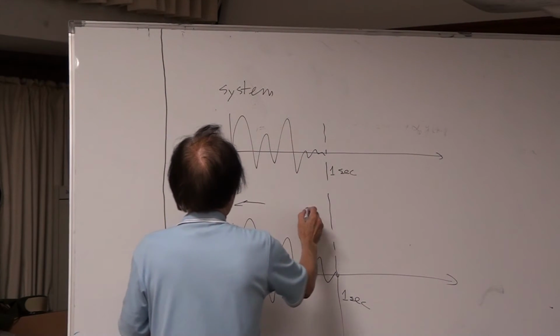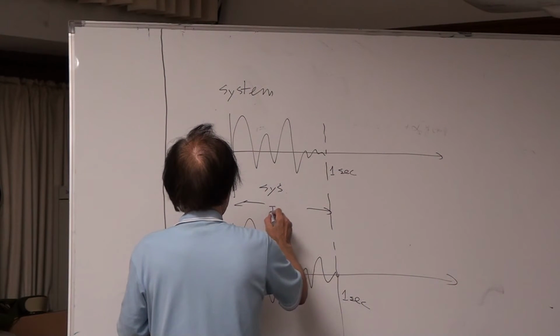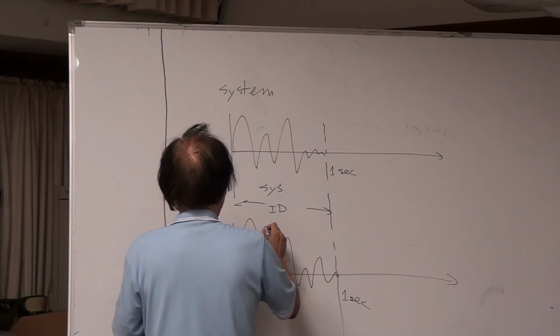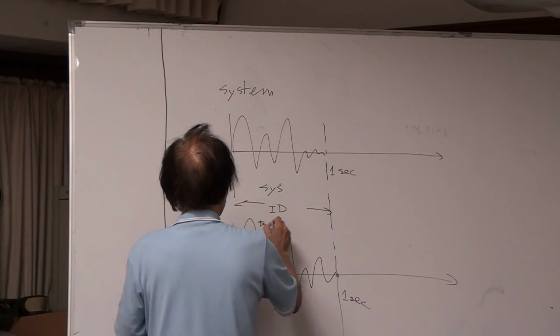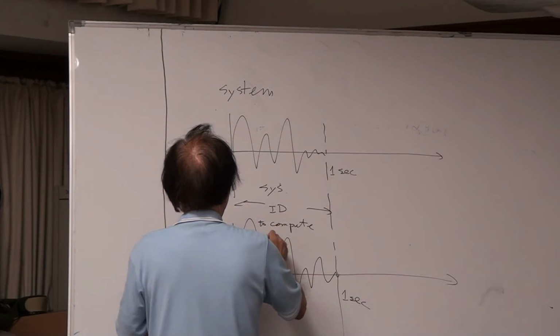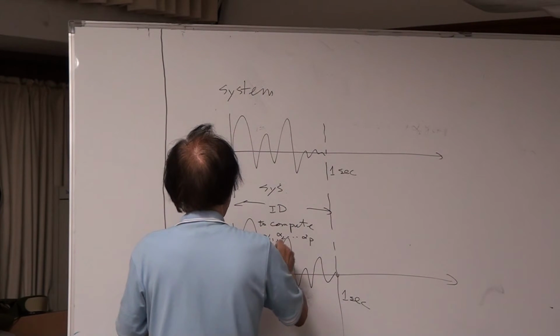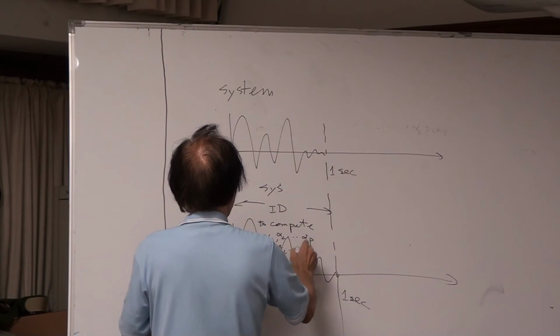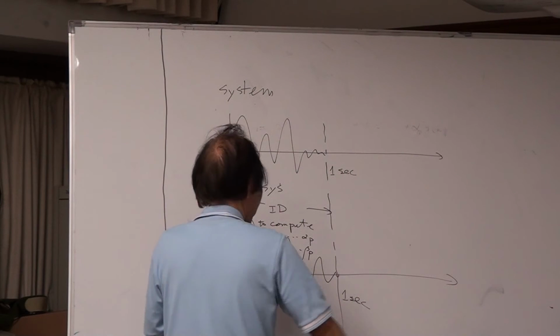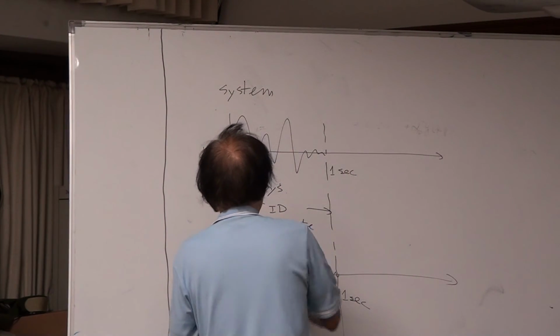In that 1 second, we do system ID to compute alpha 1, alpha 2 to alpha P, and beta 1, beta 2 to beta P, and beta 0.